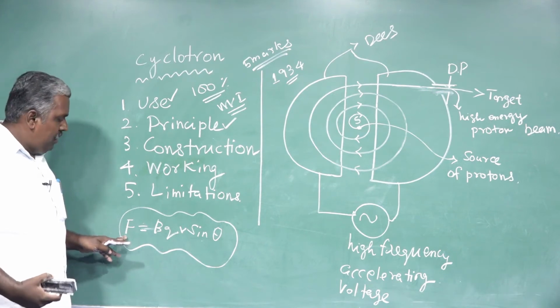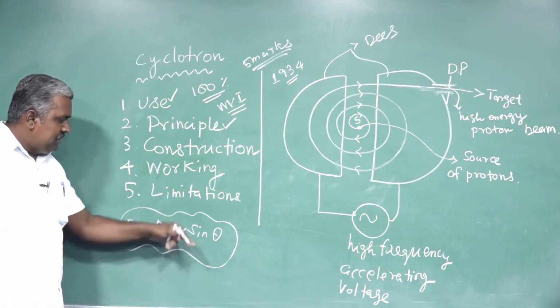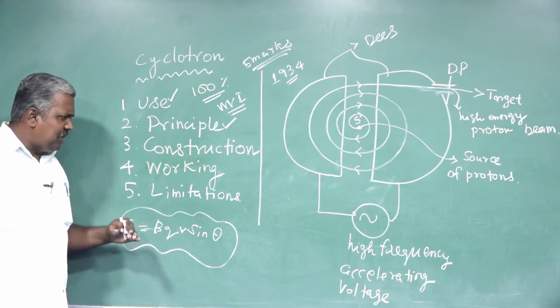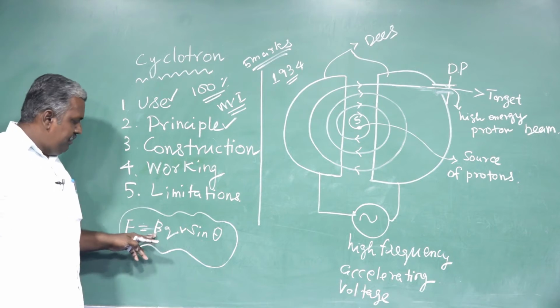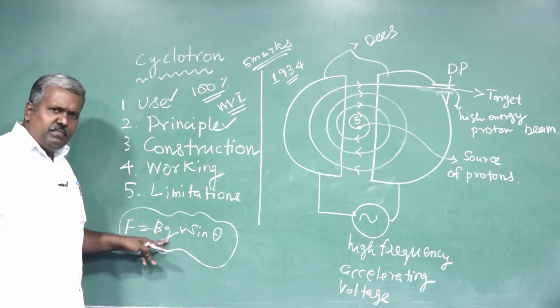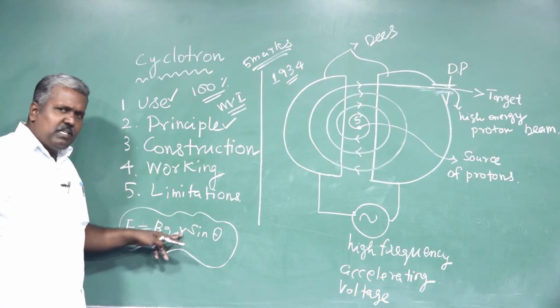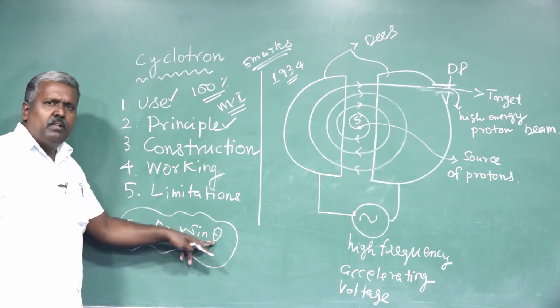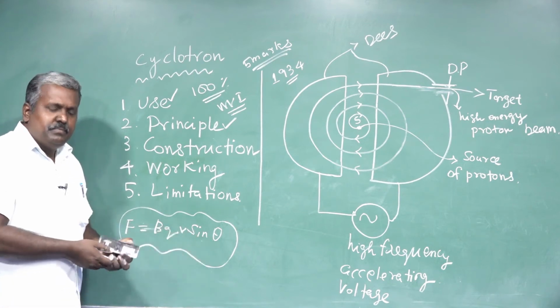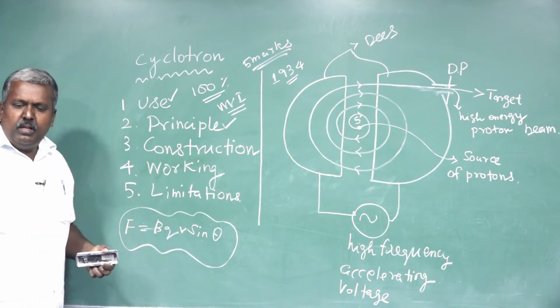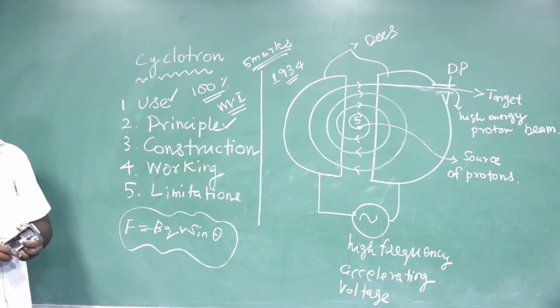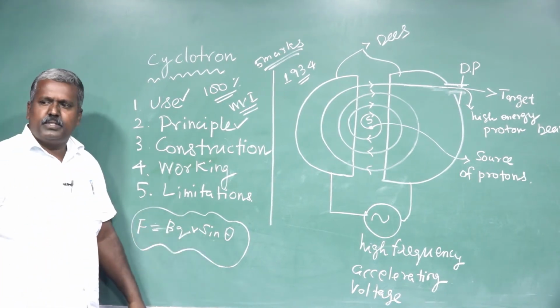Okay. Normally or at an angle, no problem. B is the magnetic field, Q the charge of the moving particle, V the velocity of the moving particle, and theta the angle between the magnetic field and the velocity. That is the angle.